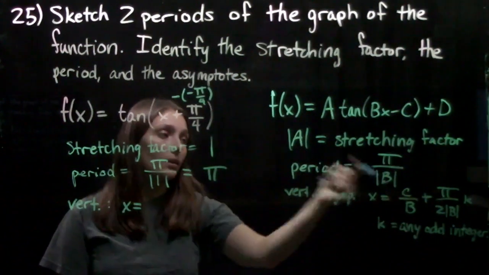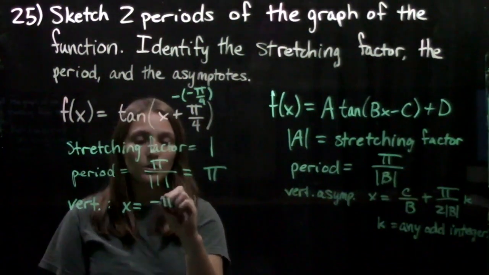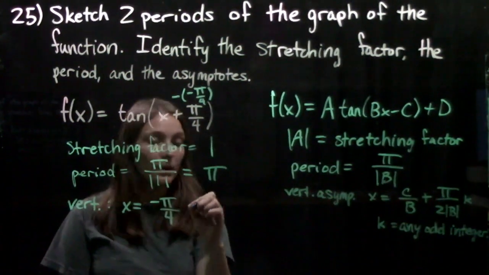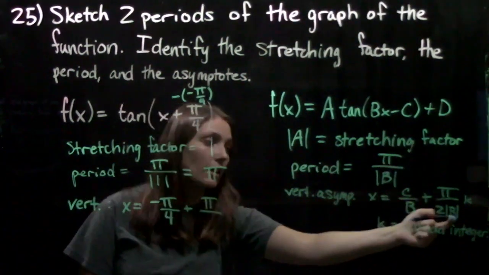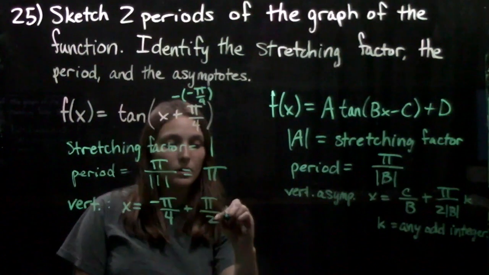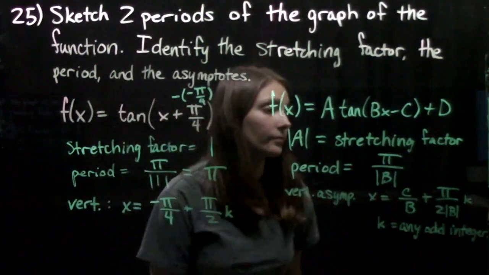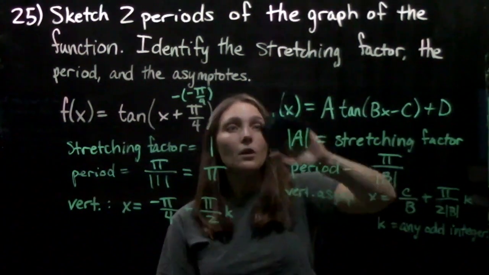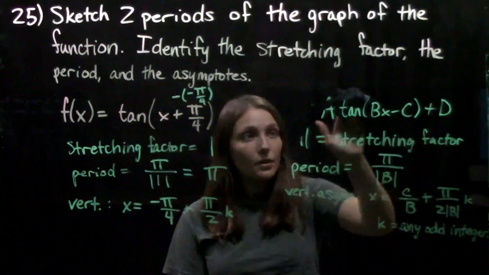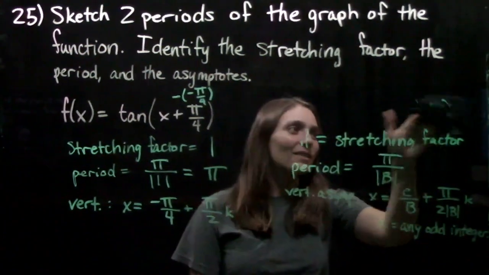That means we have our c divided by our b, negative pi over 4 divided by 1, which is negative pi over 4, plus pi over 2 times our b, which is 1, times k. So these are where all of our vertical asymptotes are going to occur. And now that we have our stretching factor, our period, and our vertical asymptotes, we can go ahead and sketch two periods of the graph of this function.